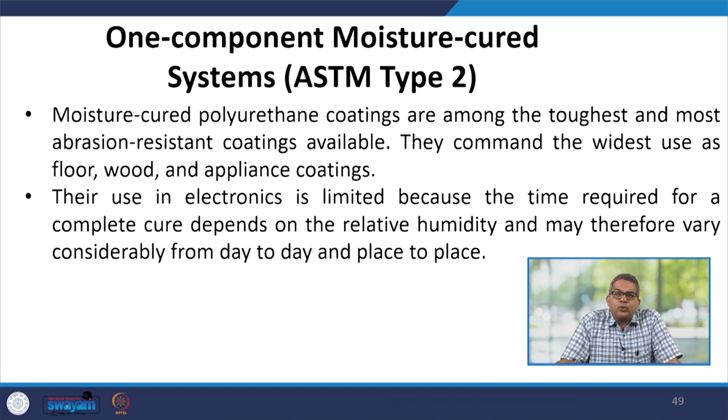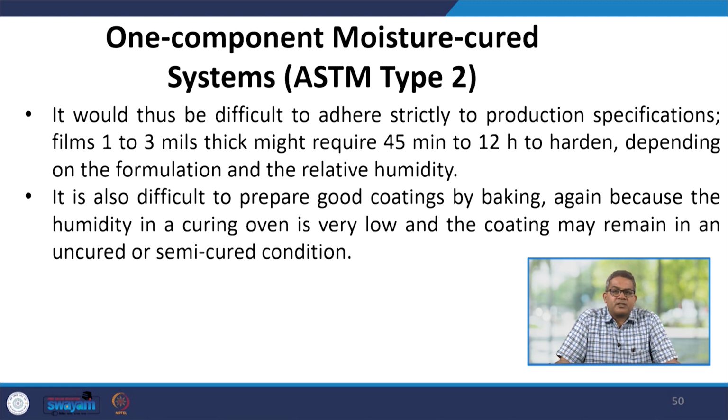Now, moisture cured polyurethane coatings are among the toughest and most abrasion resistant coatings available. They command the widest use as floor, wood and appliance coatings, which is again very important, and their use in electronics is very limited because the time required for a complete cure depends on the relative humidity, and may therefore vary considerably from day to day and place to place.